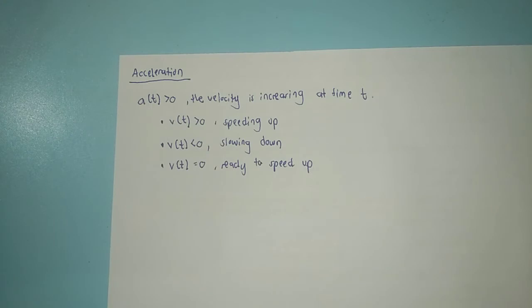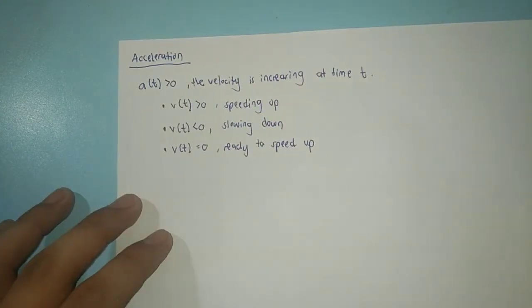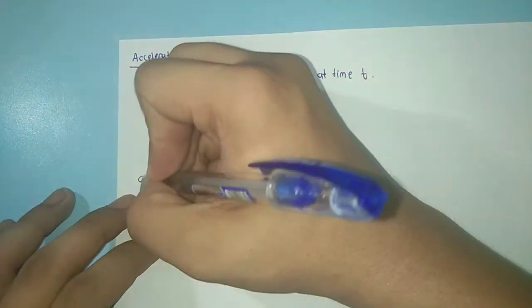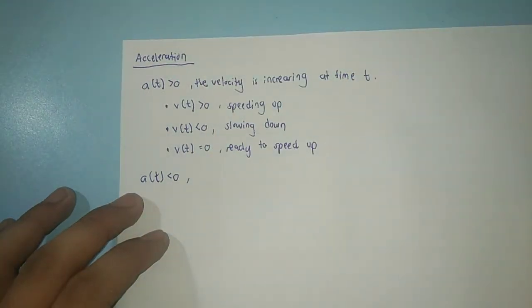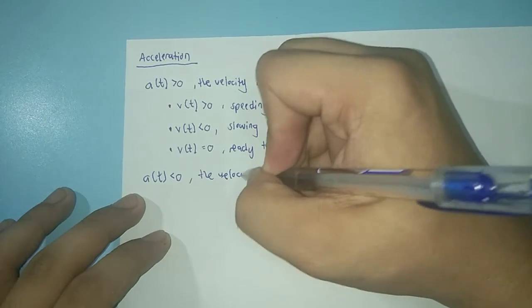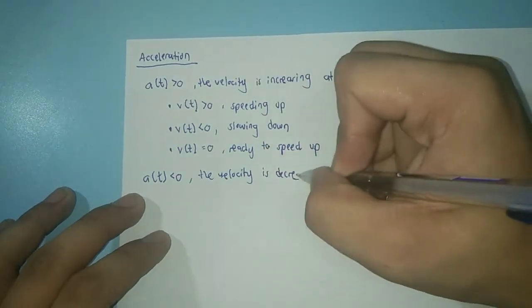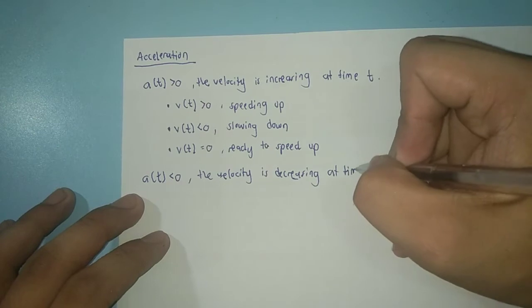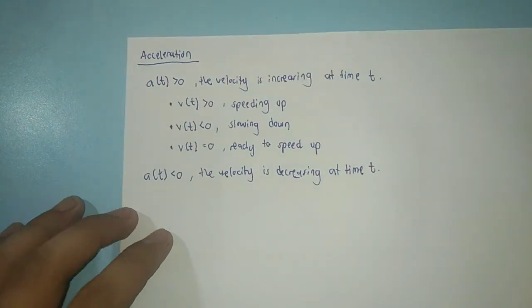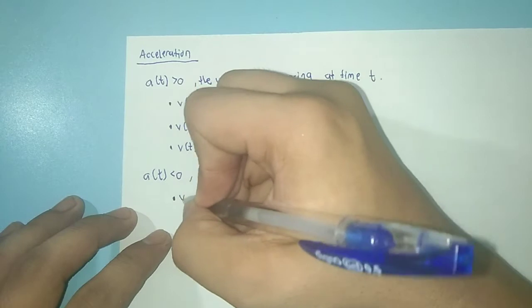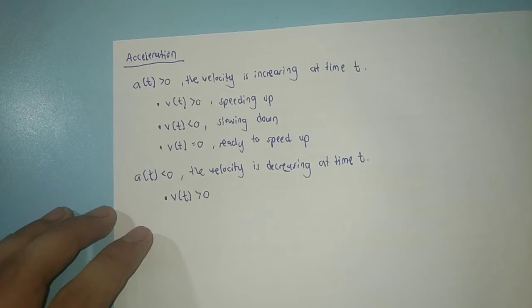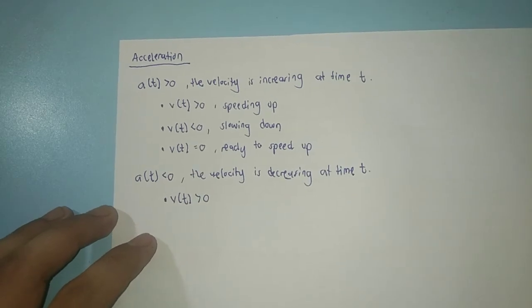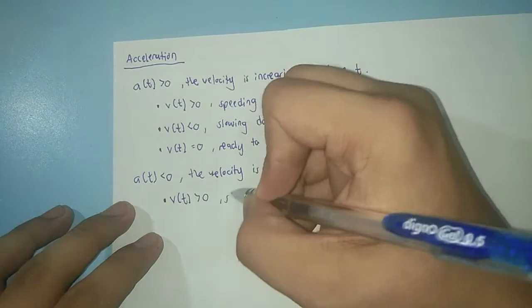Next, when the acceleration is less than 0, or negative acceleration, the velocity is decreasing at time t. When we have positive velocity with negative acceleration, our velocity is decreasing, so it is slowing down.